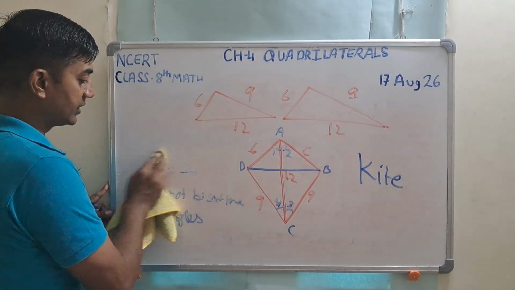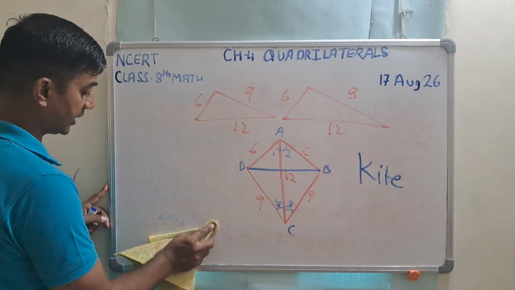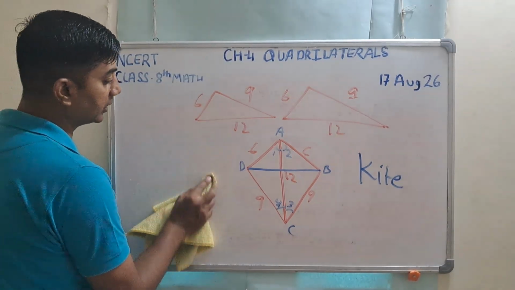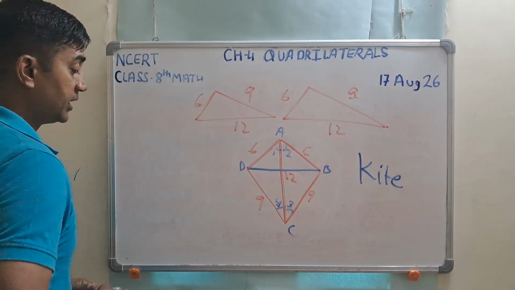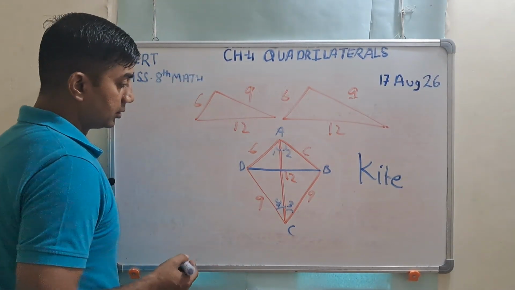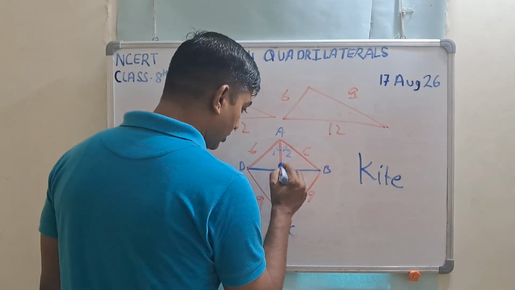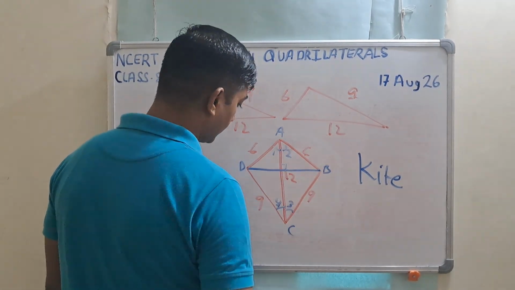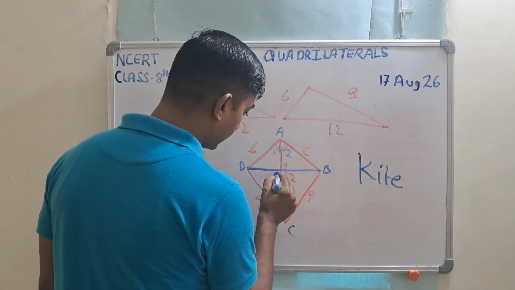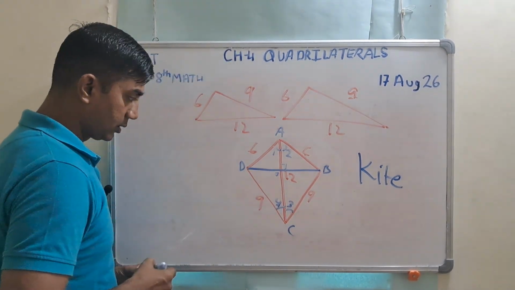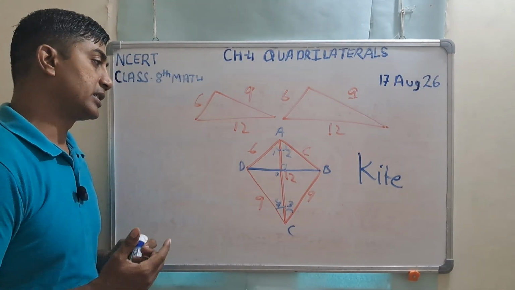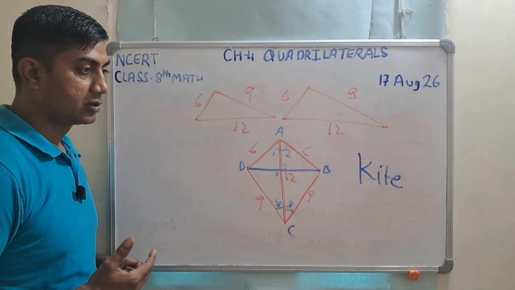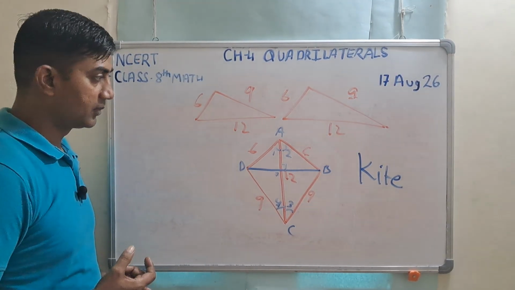Means angle 1 is equal to angle 2, and angle 4 is equal to angle 3. See, now what about this angle? This is the point O, and when the two diagonals are intersecting each other, what is the angle between them, that we will see.